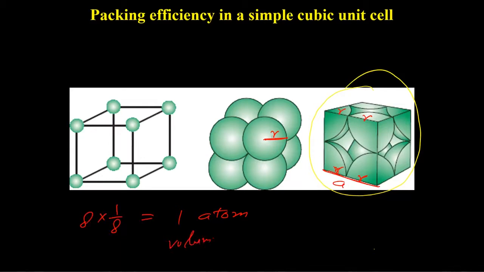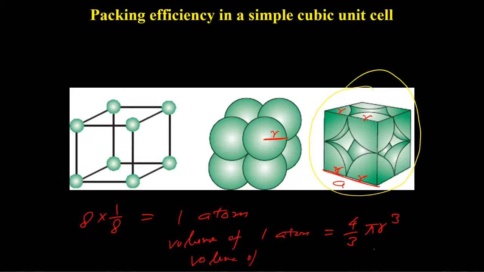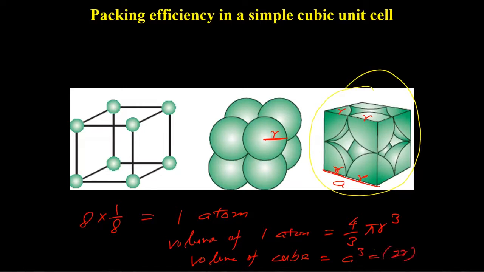The volume of one atom we can calculate as 4/3 pi r cube. And the volume of the whole cube, because we have to compare the volume of the atom with the whole cube, is a cube, where the side a is 2r, so 2r whole cube.